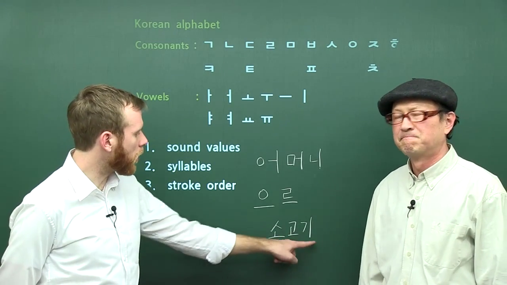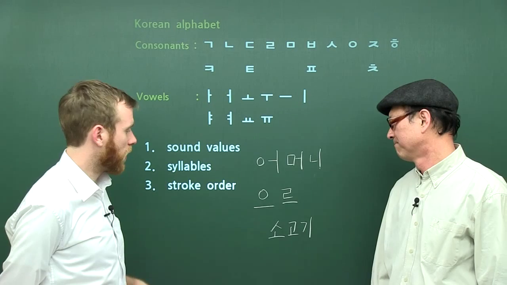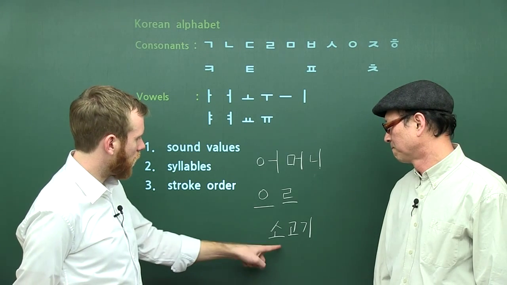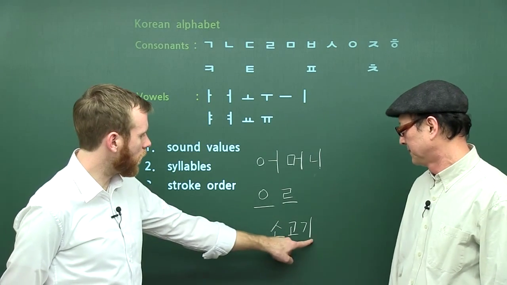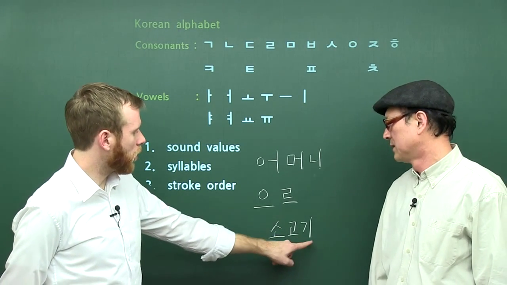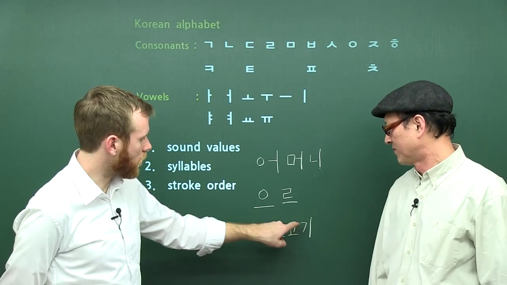So 소고기 means beef or cow's meat. So again, O-O-E, the vowel sounds. 소-고-기. Same consonant here too, right?